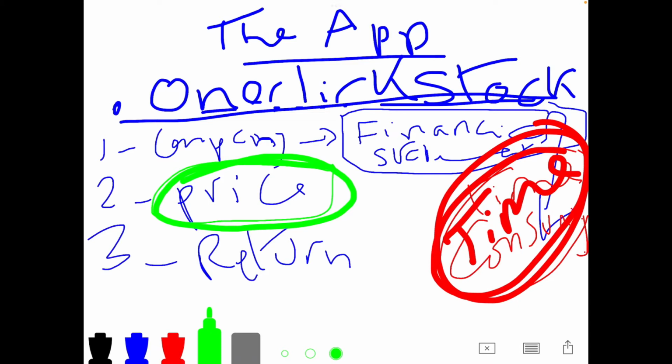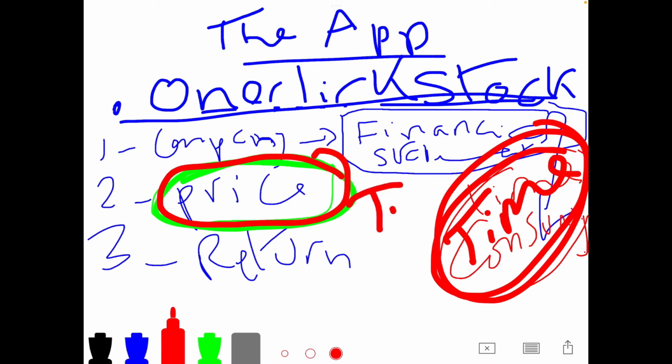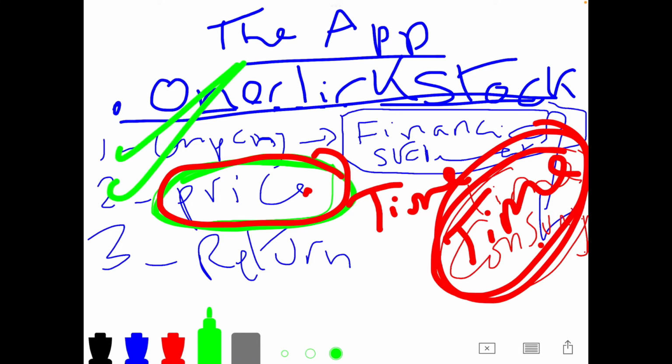Okay. The third thing is, so that's also time consuming. Again, time consuming. Time is playing here. The third one is, let's say you found out what's the best price. You found out the statement is good. So now you're good here, you're good here. Now you have the third one also. What is that? Who tells you what is the return? How soon are you gonna generate this profit?